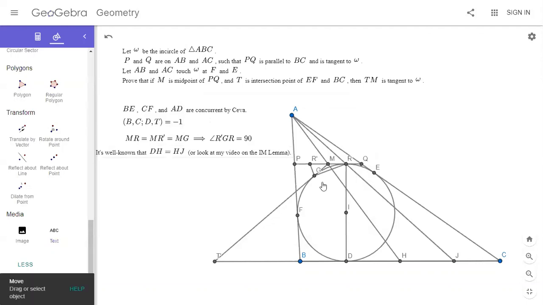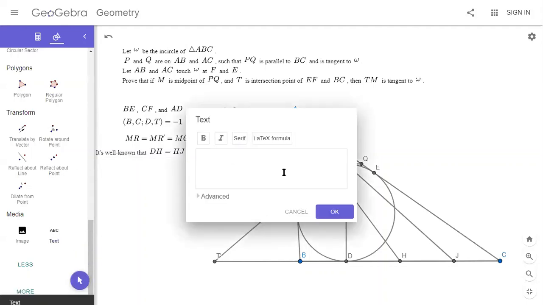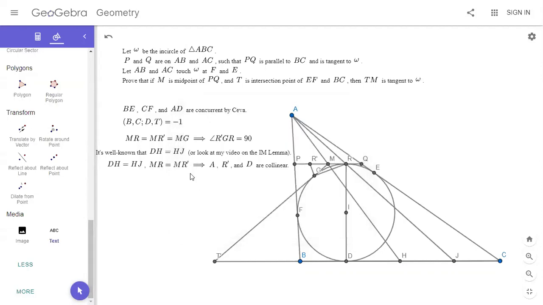So that basically means that R prime corresponds to D, and so A, R prime and D are collinear. Okay, so A, R prime and D are collinear.